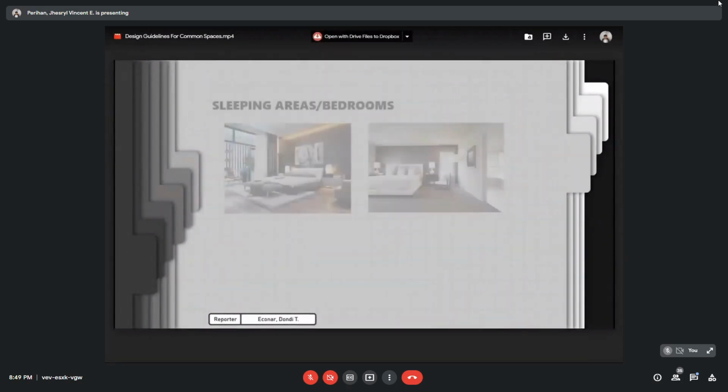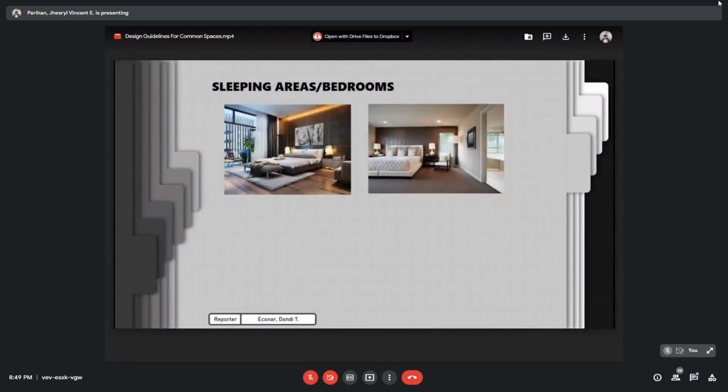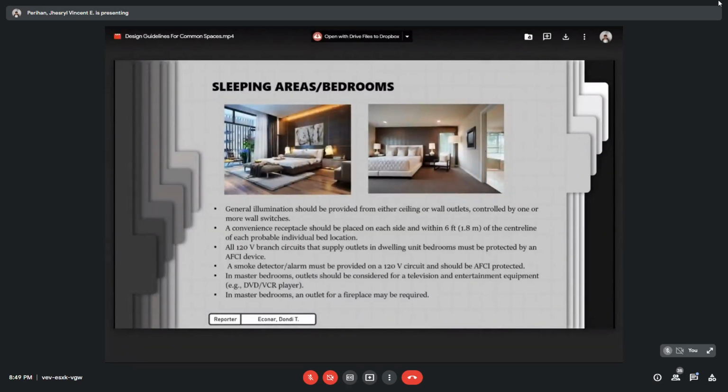Next part is sleeping areas and bedrooms. General illumination should be provided from either ceiling or wall outlets, controlled by one or more wall switches. The convenience receptacles should be placed on each side and within 6 feet or 1.8 meters of the center line of each probable individual bed location.